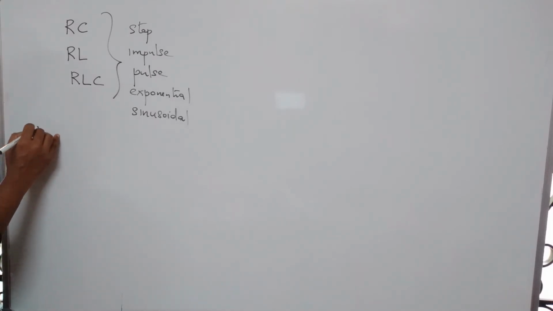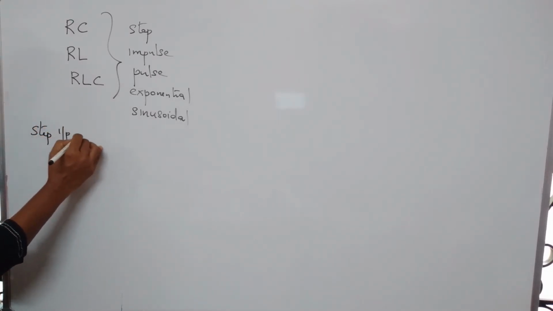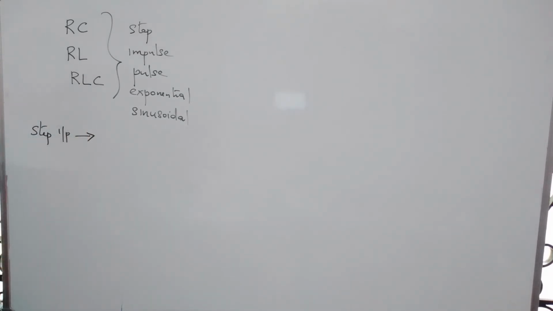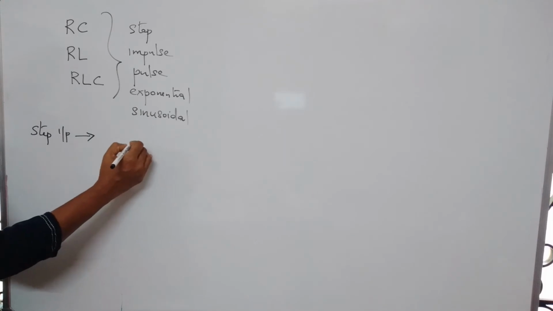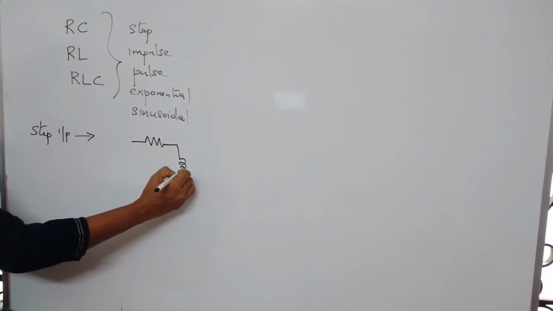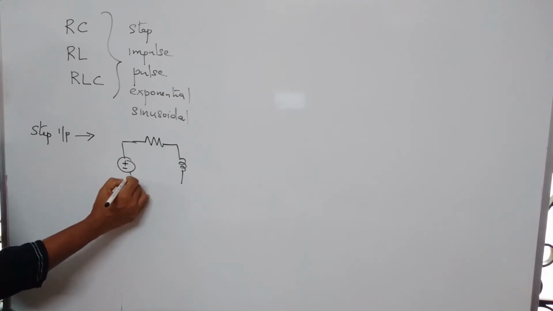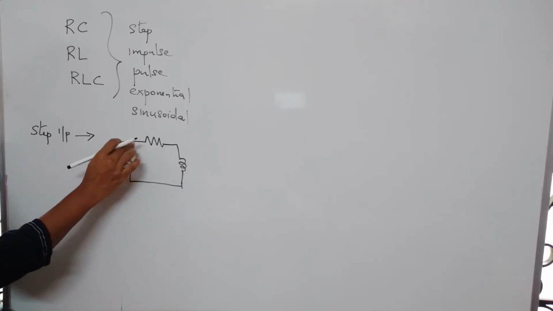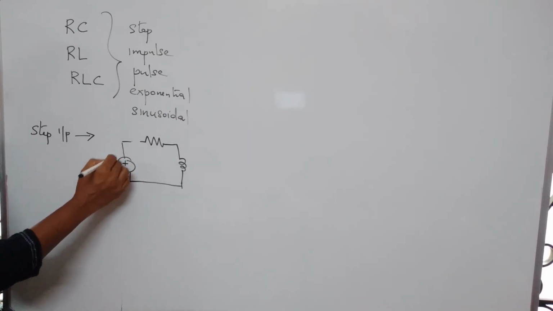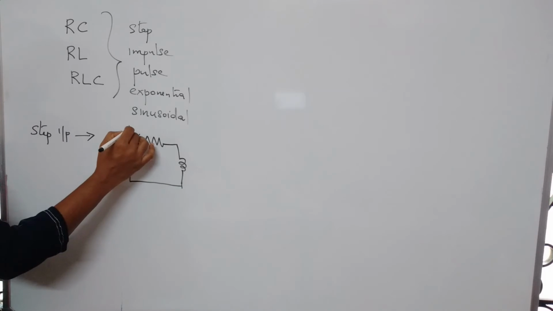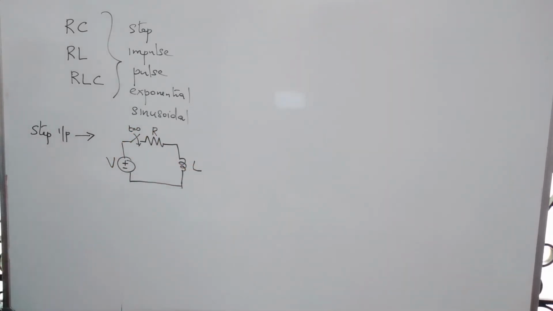Now step input. By step input what we mean is, suppose you are given an RL circuit, across which I apply a voltage, say V. Okay, you have an RL circuit across which I am applying a voltage V for t greater than 0. Then how can we represent this input?